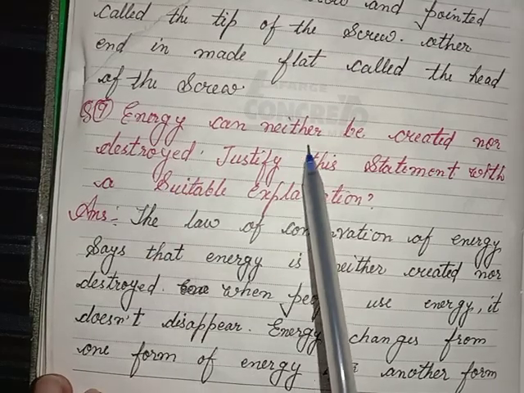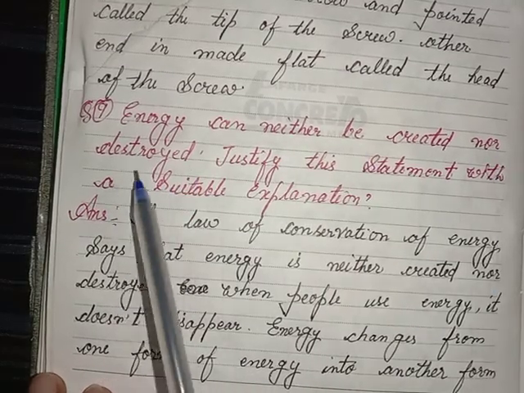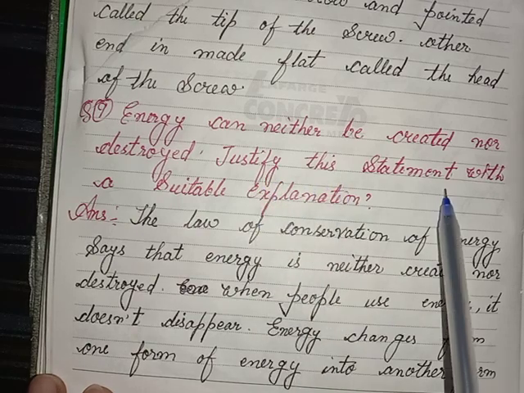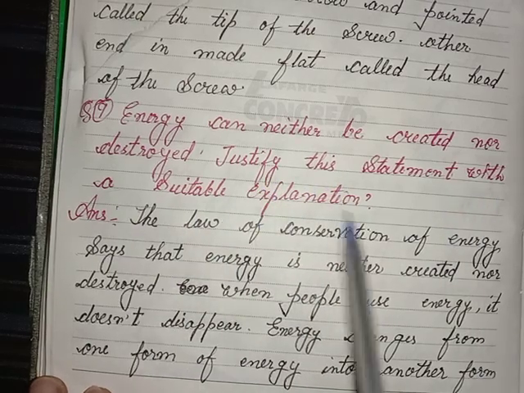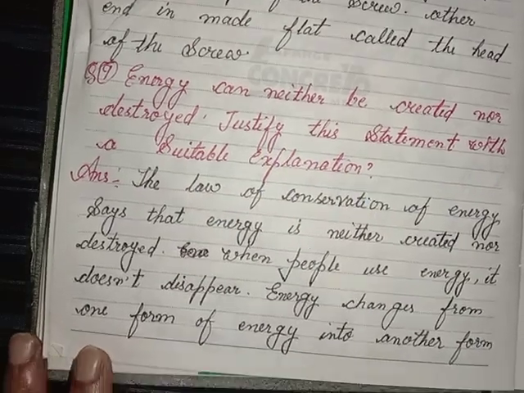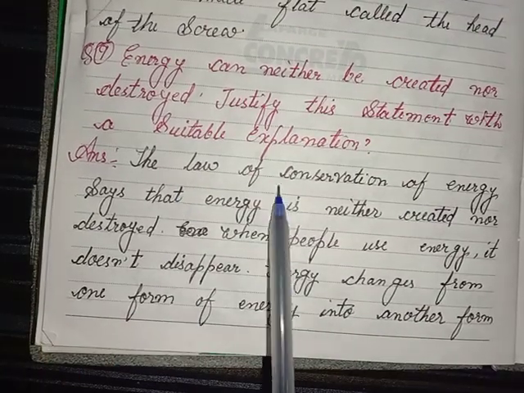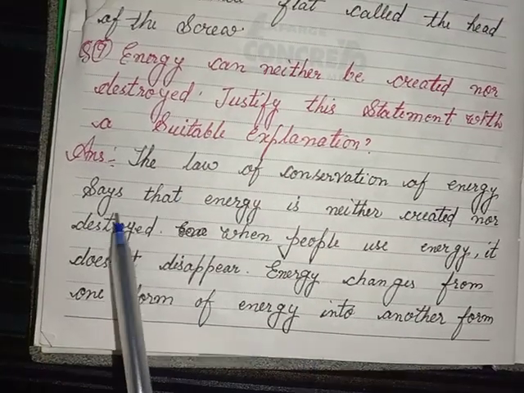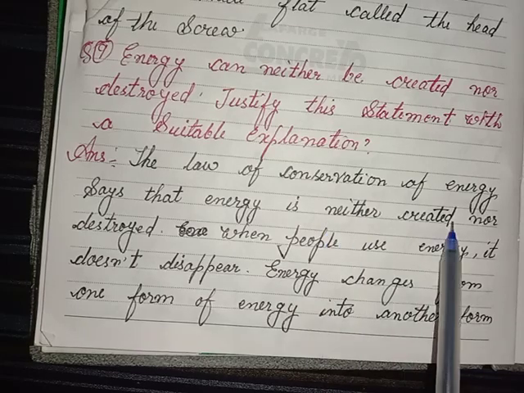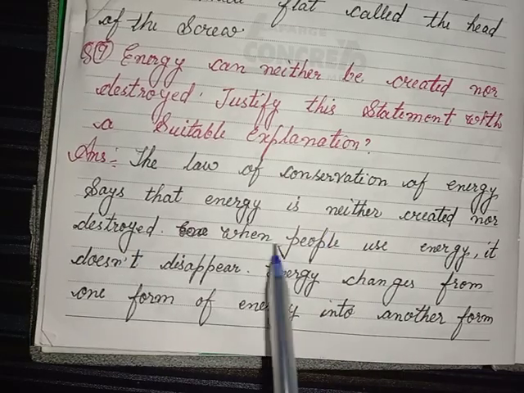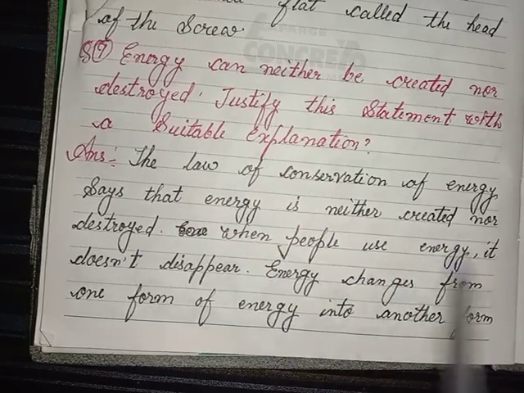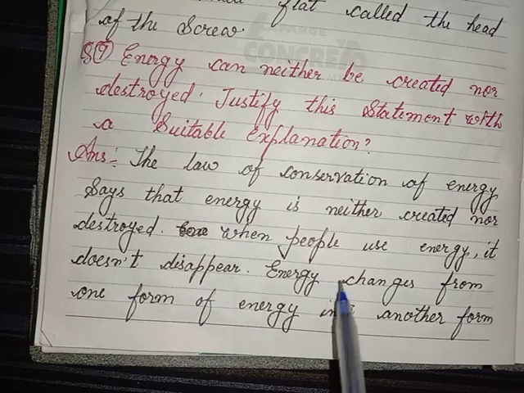Question 9. Energy can neither be created nor destroyed. Justify this statement with a suitable explanation. Answer: The law of conservation of energy says that energy is neither created nor destroyed. When people use energy, it doesn't disappear.